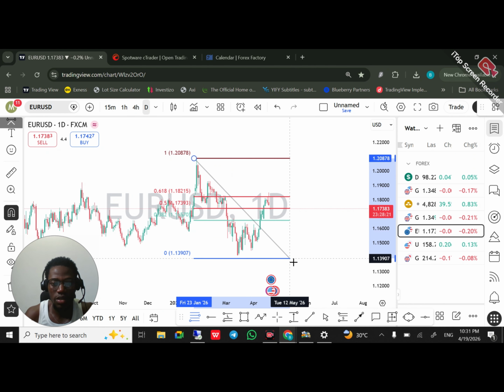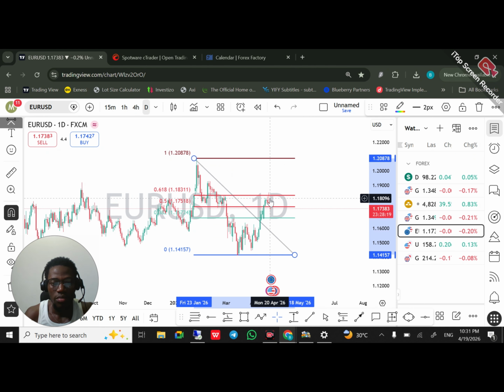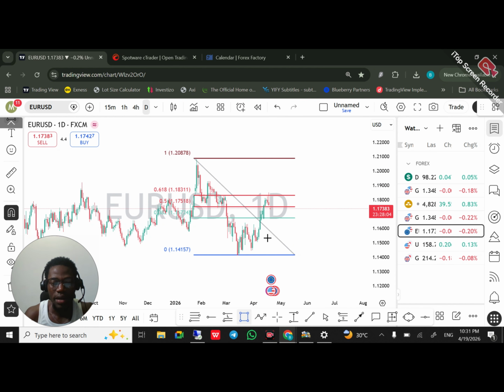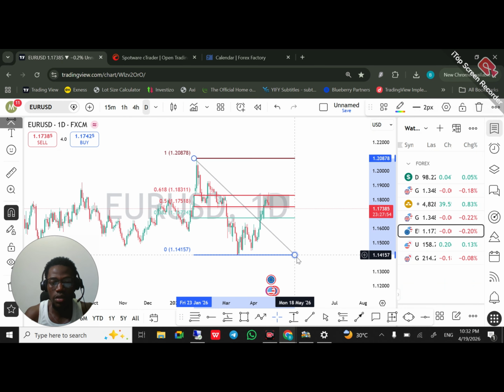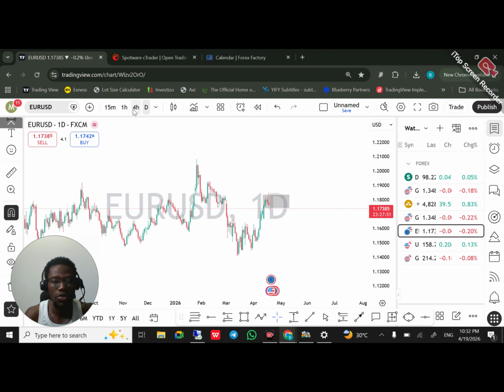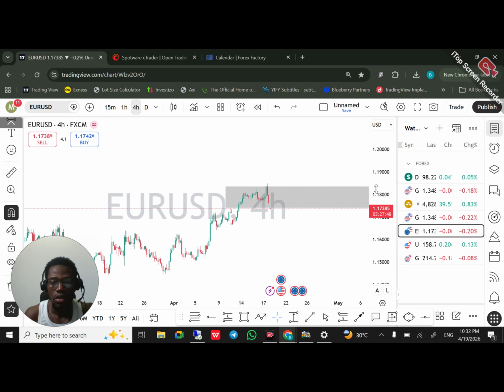Euro USD had a massive rejection on the daily time frame on Friday from this 61.8 Fibonacci level. And same thing, our bias stands at the Fibonacci range. If it keeps on trading below, then we're going to be selling throughout. So that's simply straightforward.